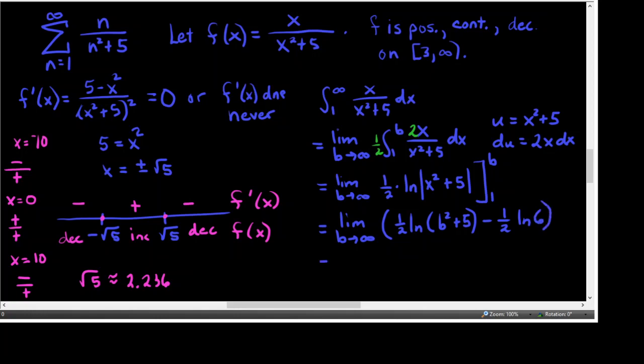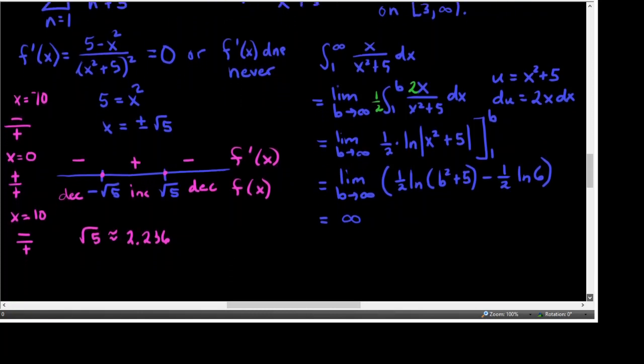Okay, the first part of this, as b goes to infinity, b squared plus 5 goes to positive infinity, and as the input for natural logarithm grows, the output grows without bound to positive infinity, and positive infinity minus that little constant is still positive infinity.